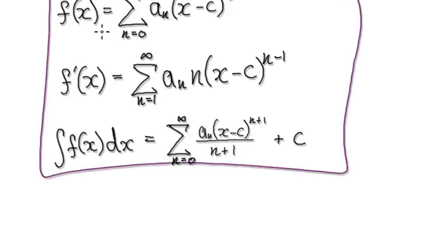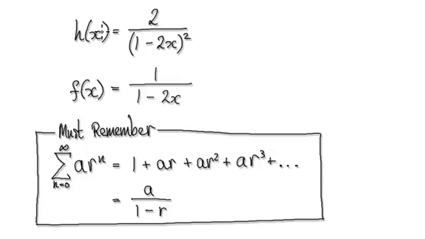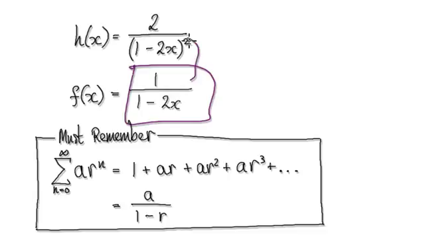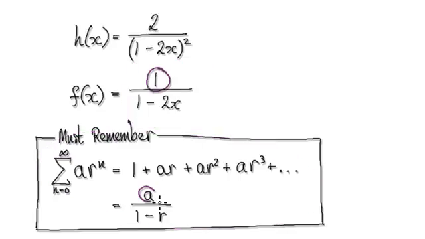Okay, so let's start again. We are trying to seek the power series representation of this, but we're going to seek this first, and later on we can differentiate it to give us this. So looking at this, and again you should already know this, this is your a here, and our common ratio here is 2x.